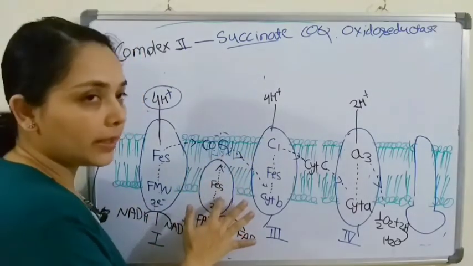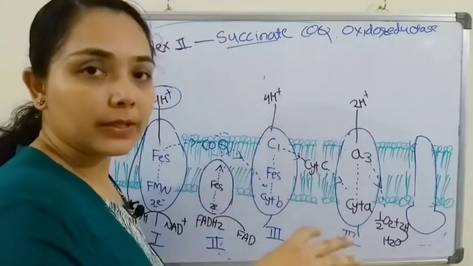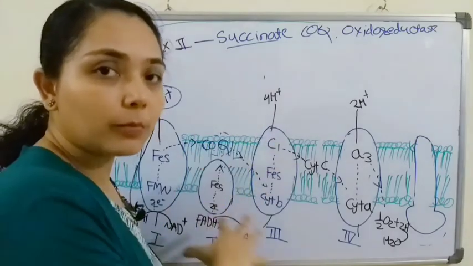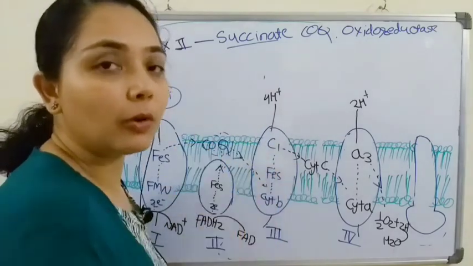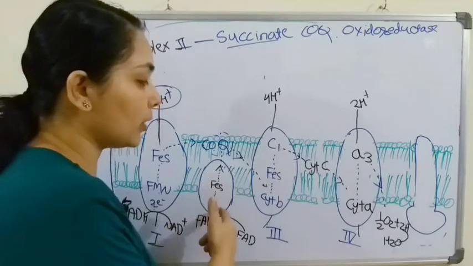The other prosthetic groups are permanently present, covalently bound with the protein complexes, so they will not come out of the protein complex.